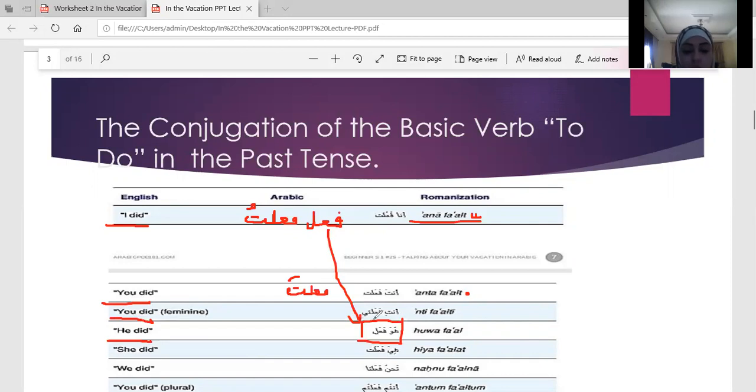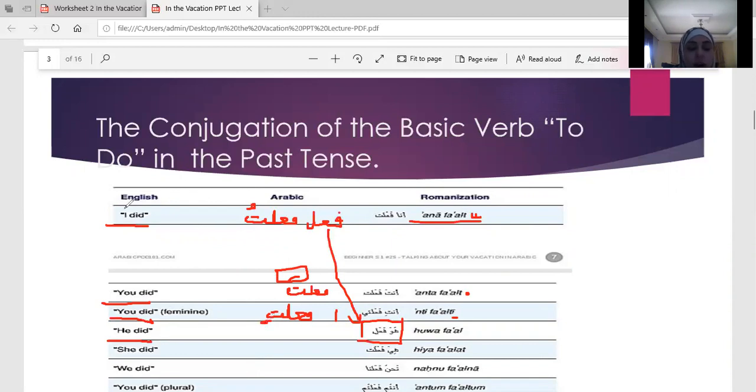What do you mean by you, Mia? أنتي. So what do we say here? فعلتي. Yes. Above it's فعلت with fatha. Down it's فعلتي like this. We add to it ta, and the kasra will be down like this. Is it clear?